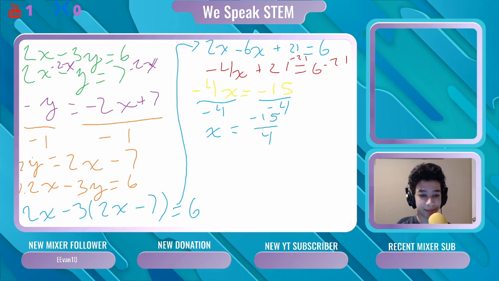But actually, that's wrong. It would be positive 15 over 4, because you have a negative on each side, and they cancel each other out.